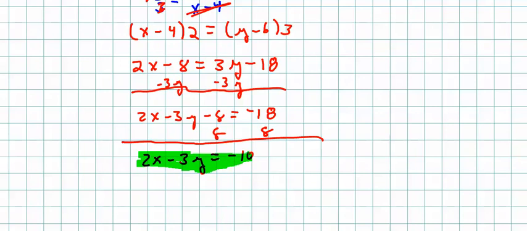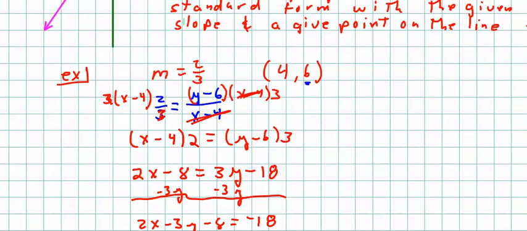in standard form. All right, let's go back and look at what we did. The slope was 2/3. So I said 2/3 is equal to, and then instead of y1 minus y2, I took y minus the y coordinate, and I took x minus the x coordinate, which is 4.